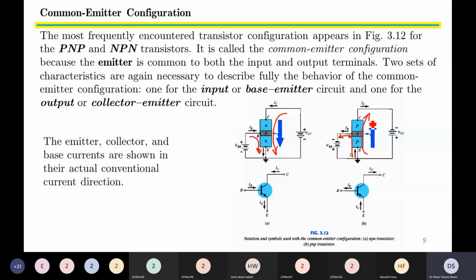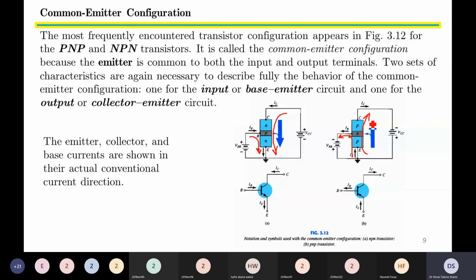Now in this slide and the slides following, the current shown will be our conventional current. We will not discuss the operation of the transistor in terms of electron current. In fact, we will discuss the operation of the transistor using conventional current, and the conventional current is the same as shown in diagram 3.12.